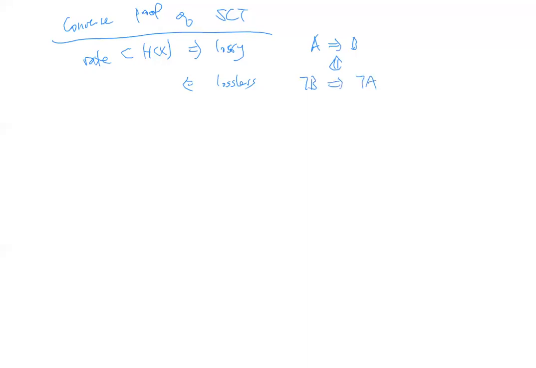So if it's lossless, then the rate has to be bigger than H(X). The first statement is more intuitive to say, but the actual proof will basically prove the second statement: if it's lossless, then the rate will be larger than H(X). So first of all, what's the rate? We have the setup like this, right? We have the encoder here.